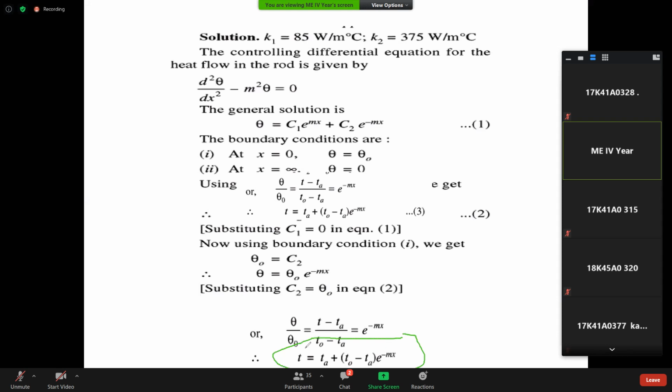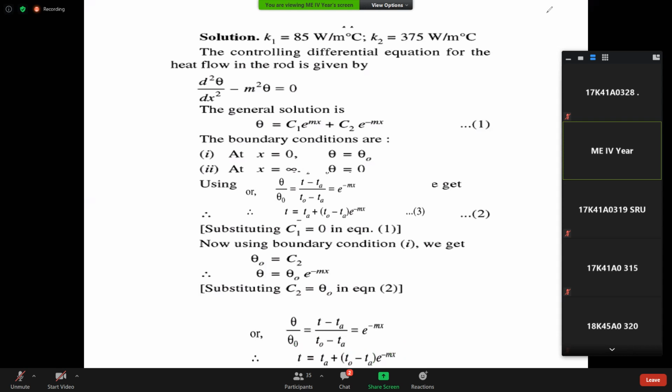If you substitute 120 in place of T, and these are constant values, because T0 is also not given, then 120 equals the expression with mx in place of that particular distance x. The m1 is different because k1 is changing. m is equal to root over hP by kA. Whatever parameter is changing, definitely you have to use m1 and m2 for different materials, right?